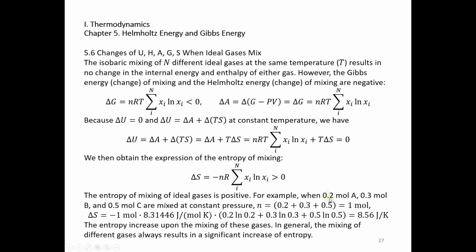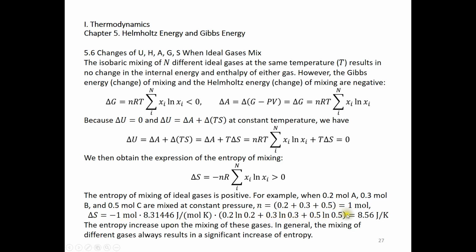Let's look at one example. Let's mix 3 gases, 0.2 moles of A, 0.3 moles of B, 0.5 moles of C, and then we mix them at constant pressure, constant temperature. The total number of moles is 1 mole, and delta S is simply, we're going to use this equation, negative nR, and then we have the sum of 0.2 ln 0.2, 0.3 ln 0.3, 0.5 ln 0.5.